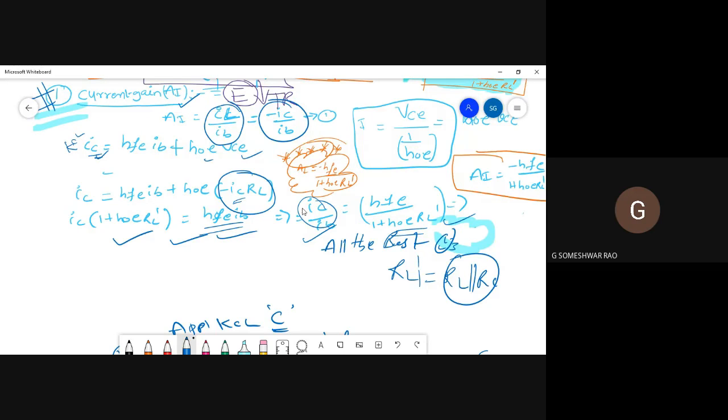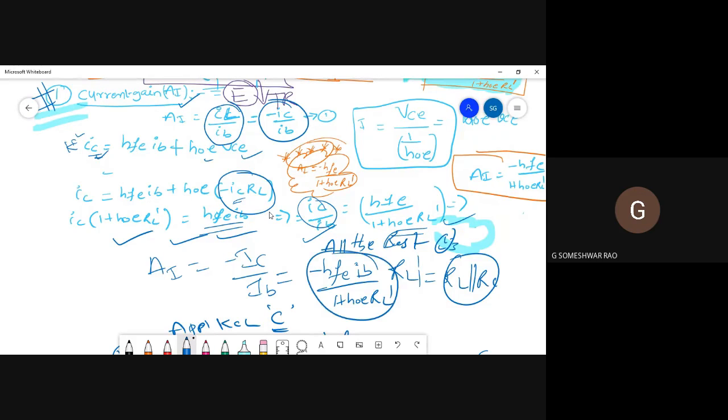So now this is the AI we have obtained, and AI is minus IC by IB. So when you substitute IC by IB, we have minus HFE by 1 plus HOE into RL dash. This is the AI expression we got.